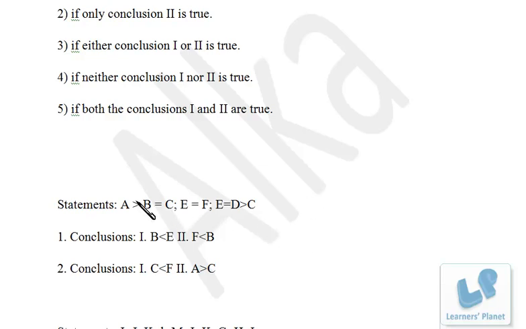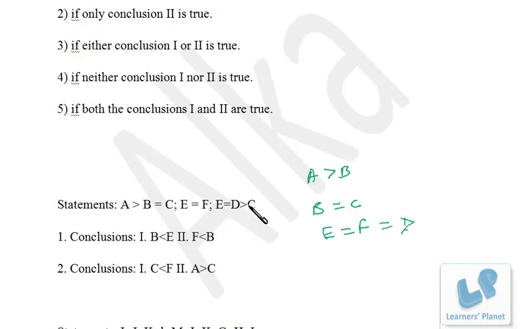Now just try to understand. A is greater than B is equal to C, right? Now what is happening over here? A is greater than B, then B is equal to C, E is equal to F, and E is equal to D as well, right?